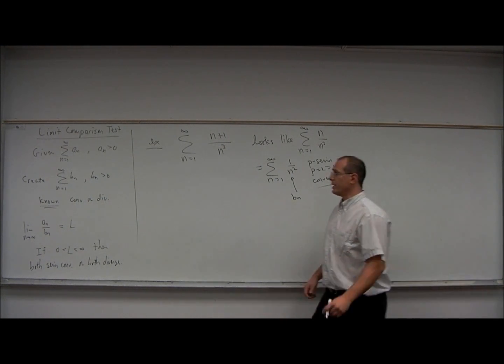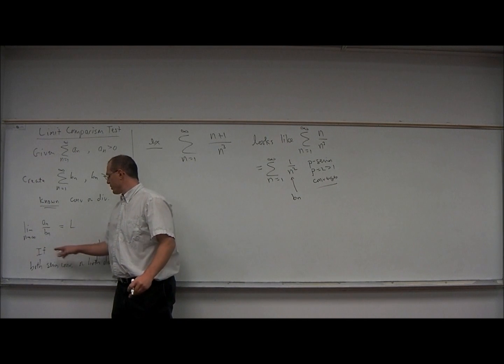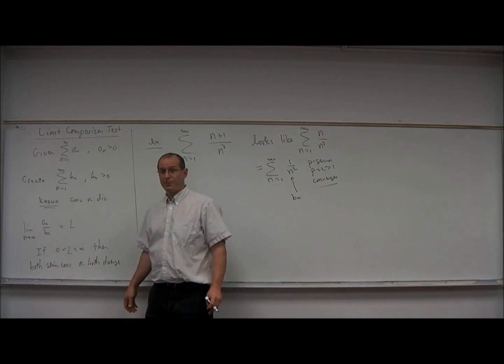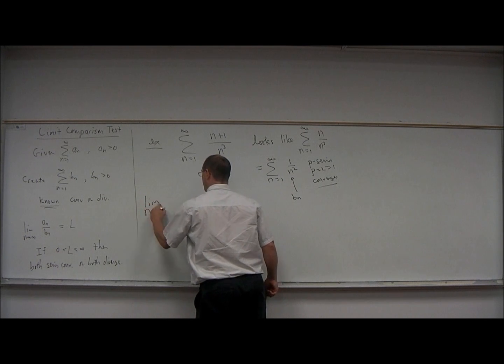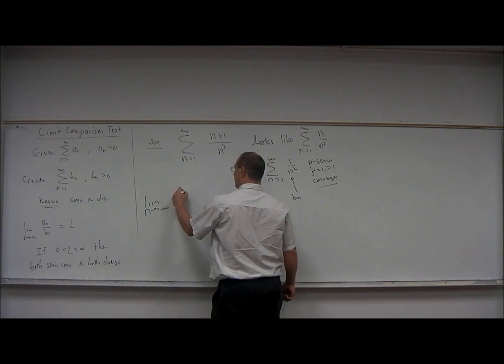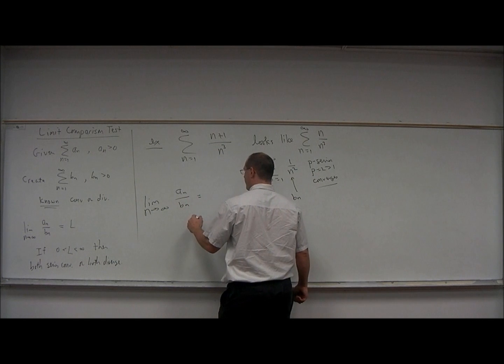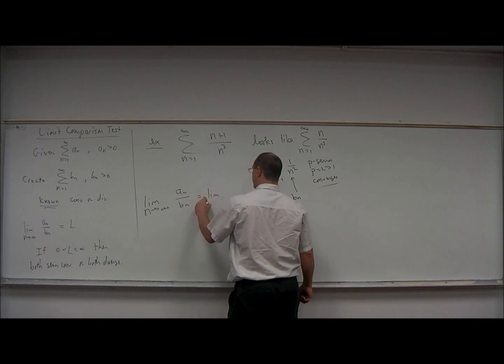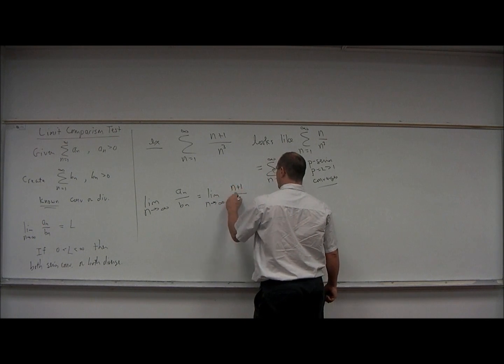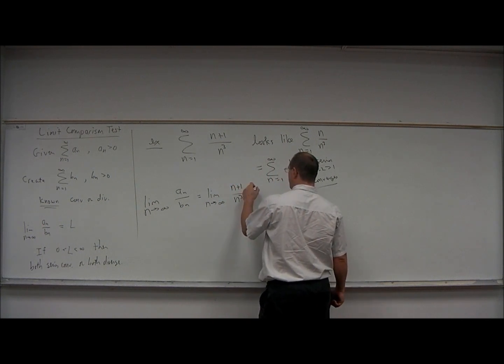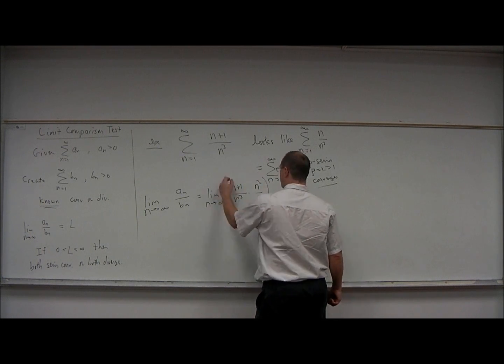So now we'll calculate this limit, and we will see if we get a positive number. So the limit, as n goes to infinity, of an over bn, is equal to the limit as n goes to infinity of n plus 1 over n cubed times n squared over 1.